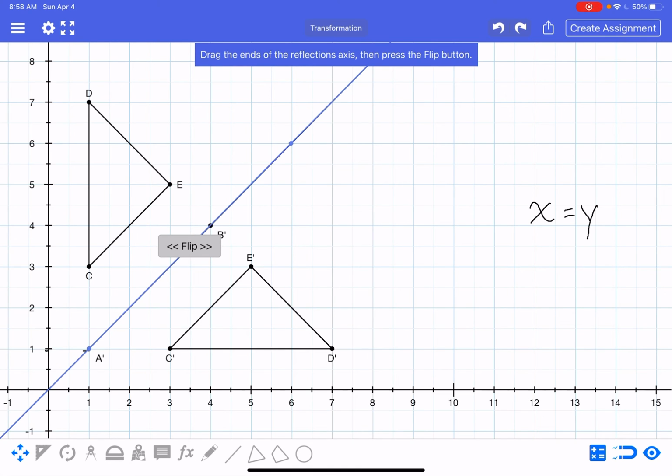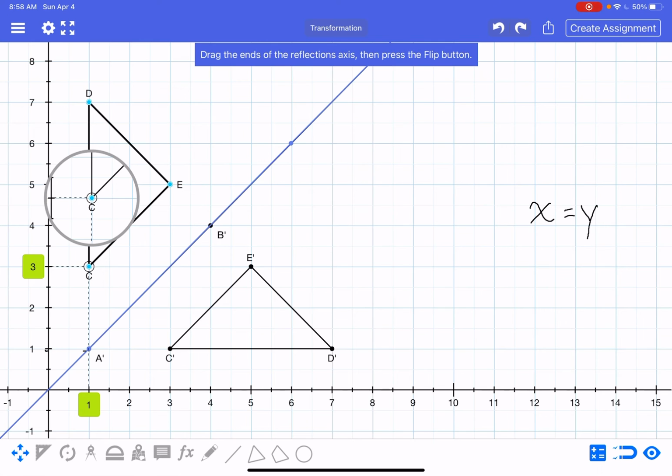Now, why is this line of reflection important? Why did I save this one for last? This line of reflection, x is equal to y, creates something that's kind of neat. So first, if you look at the original C, C is at 1 and 3. Okay, remember that. Now, this line of reflection produces the opposite, right?